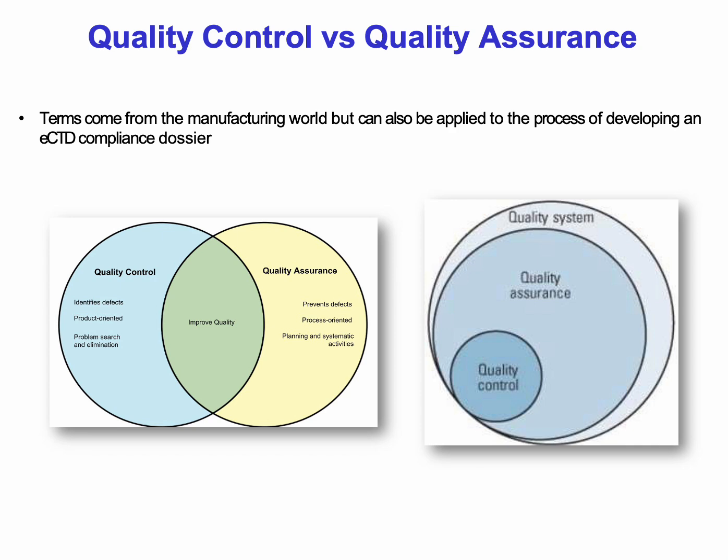They are also process oriented, not product oriented, and they do the planning and systematic activities. On the right side, you can see that within your quality system management, the very important part of the quality system is quality assurance. And quality control contributes to not all, but some tasks of the quality assurance department.